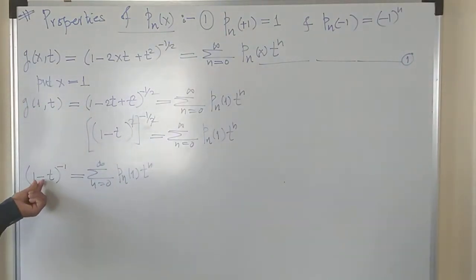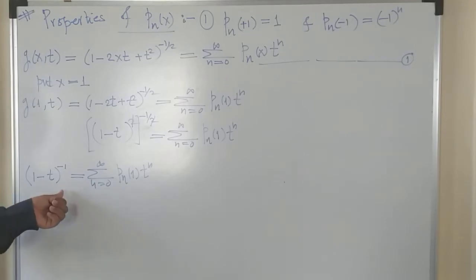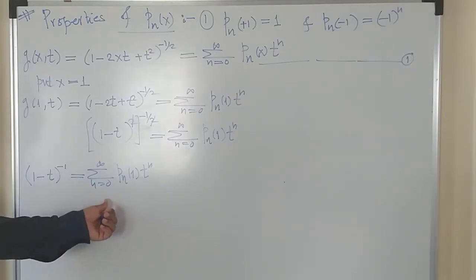Now expand this by using binomial expansion, (a plus b) raised to power n, where a equals 1, b equals minus t, and n equals minus 1. Or we have a standard formula for (1 minus x) raised to power minus 1. If both signs are negative, then we will get all the terms as positive. So this gives you 1 plus t plus t square plus t cube, like that.